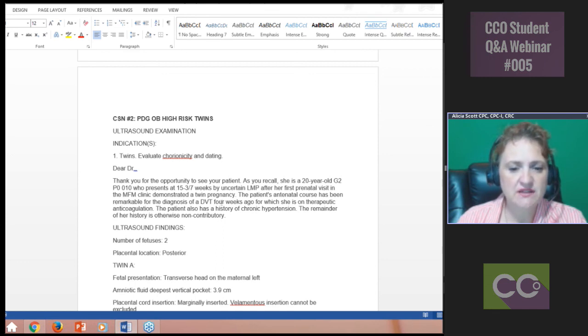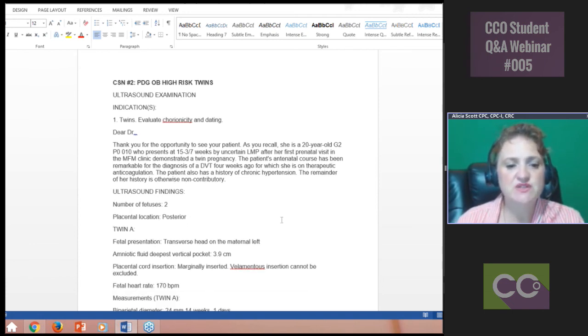Okay, and then let's see. The patient's LMP is uncertain. First prenatal visit at the clinic demonstrated that she had twins, and they did a quick check to see how far along she was, but they need more information, and this is what they find.